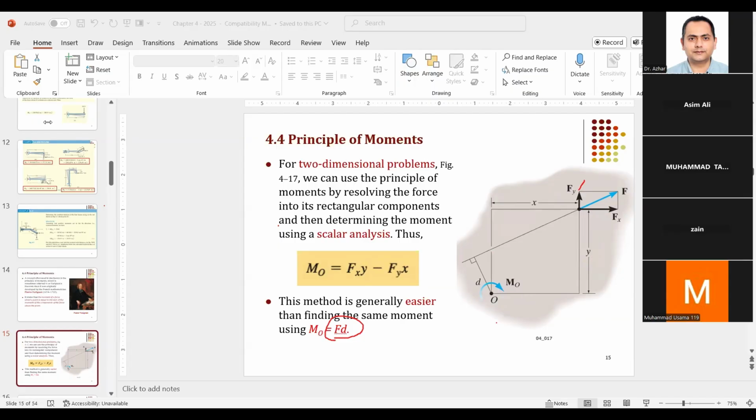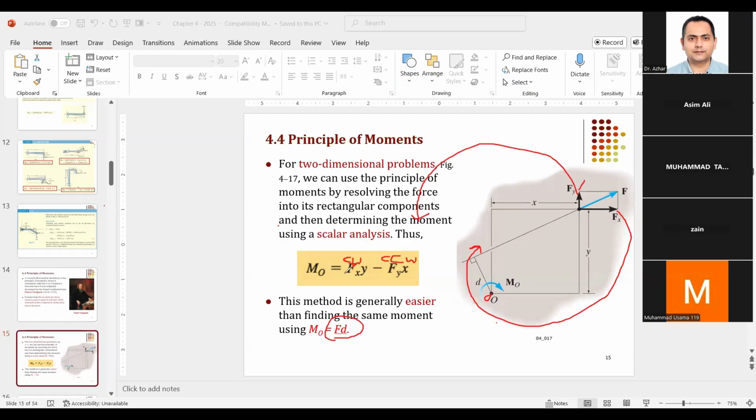But anyhow, Fx is producing clockwise moment about point O, and Fy is producing counterclockwise moment about O. So he has taken clockwise as positive, and he has used counterclockwise negative.